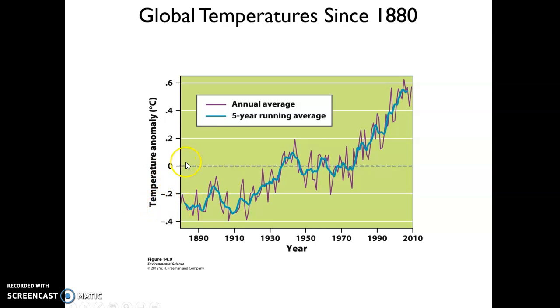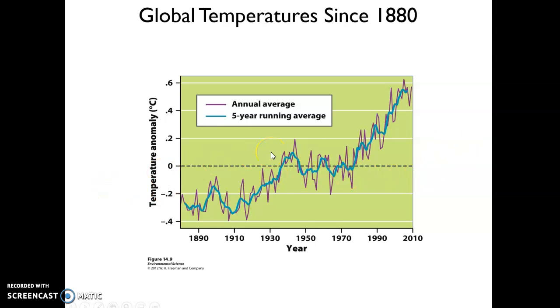And the average of all of these years is what's shown at the zero change line. Okay? So if we average this point and this point and this point and this point, this is the zero line.